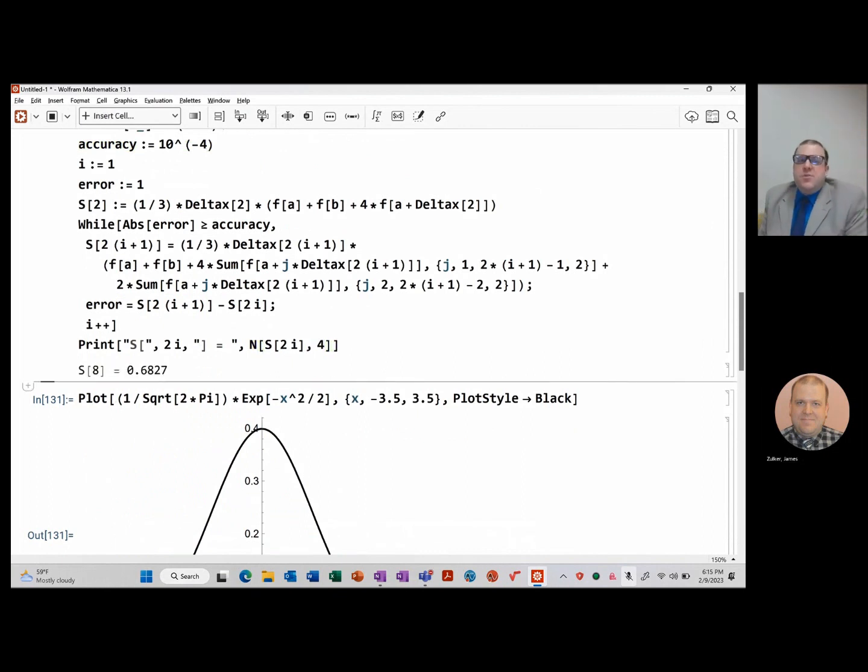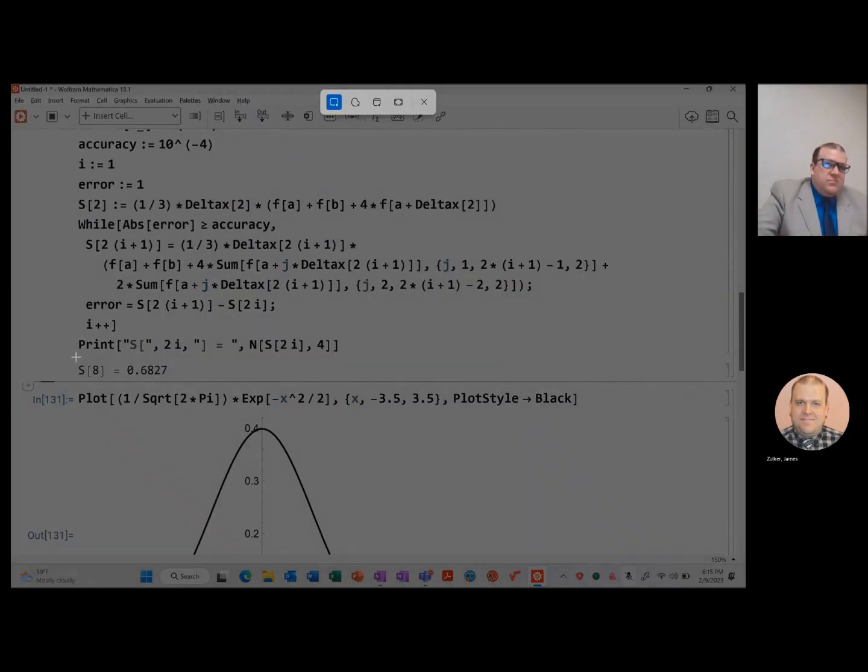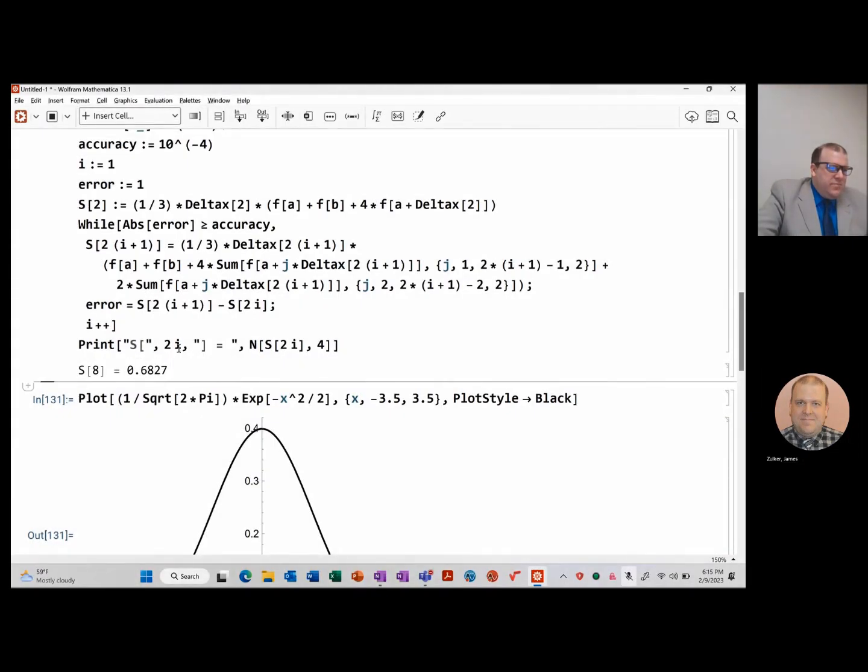Simpson's requires 8 subintervals. 0.6827. Because it told us accurate to 4 decimal places, right, so 10 to the minus 4.